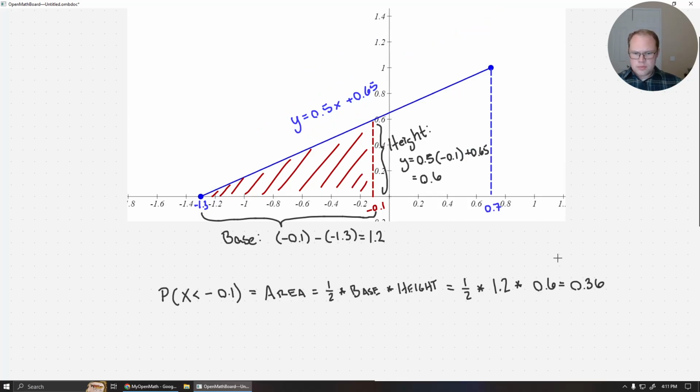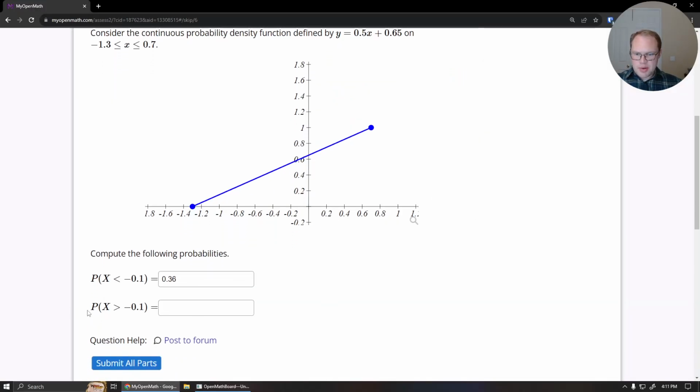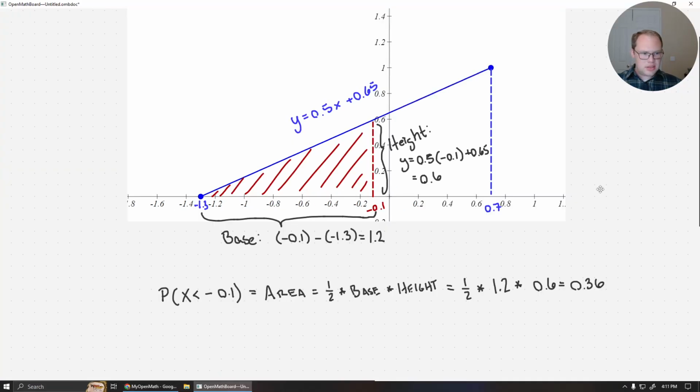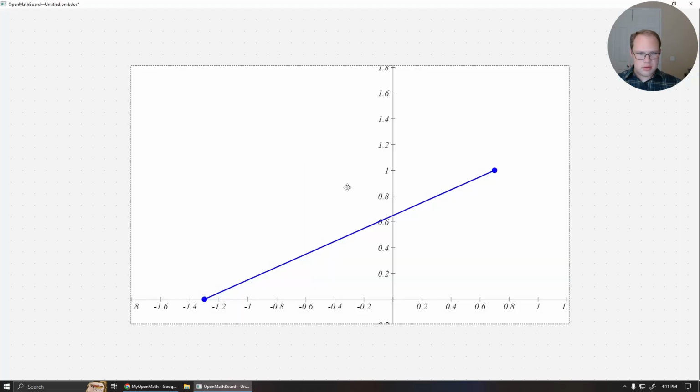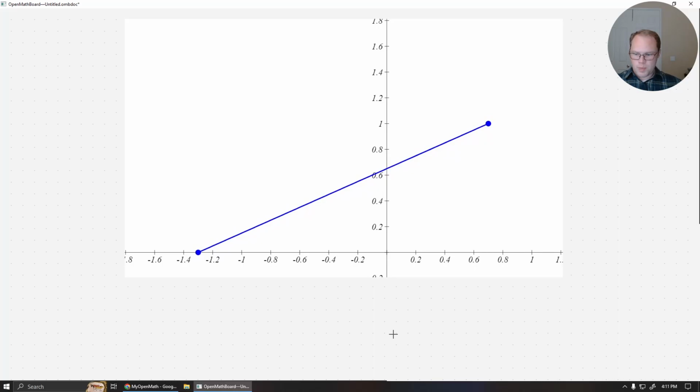Now, we still have one more probability to calculate. That's the probability that x is greater than negative 0.1. So let's get a clean board here. Okay, and just as a reminder, this was negative 1.3, and this one is 0.7.